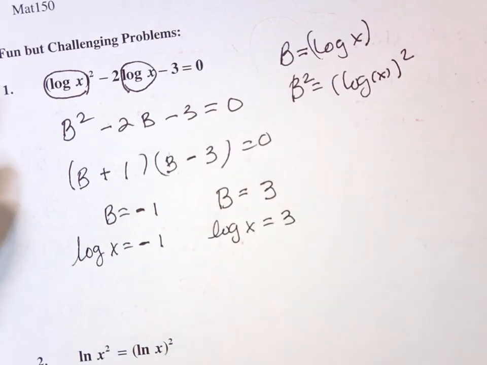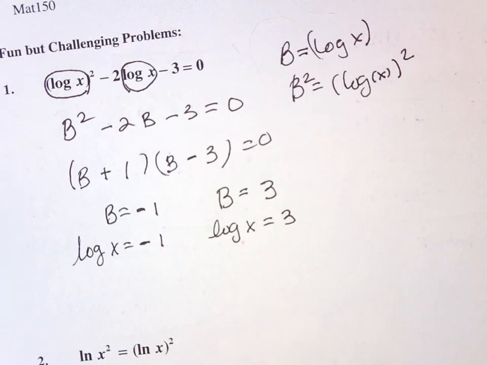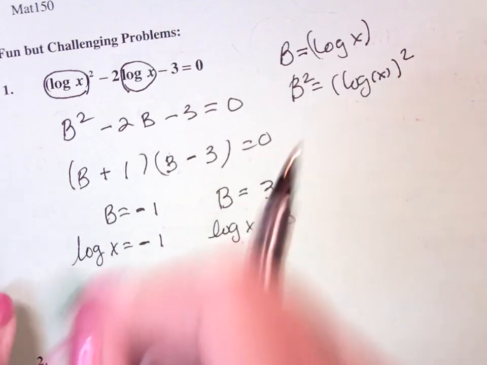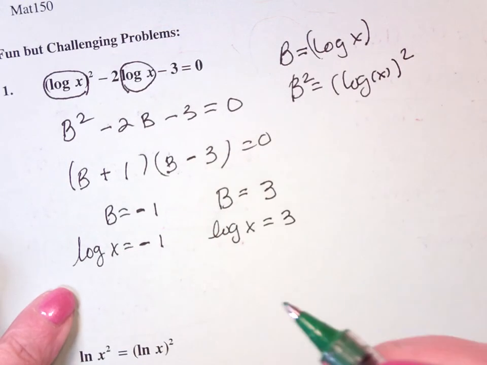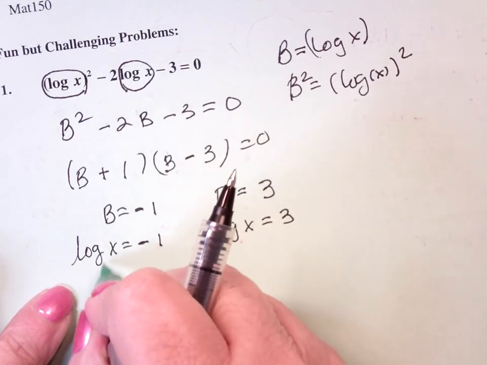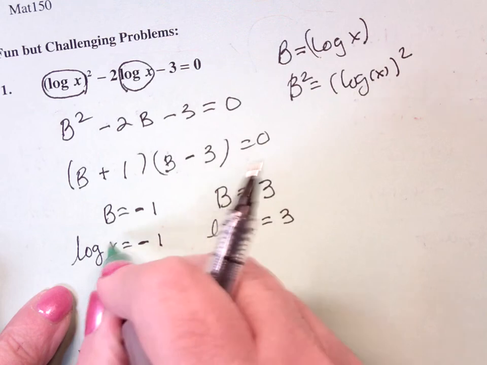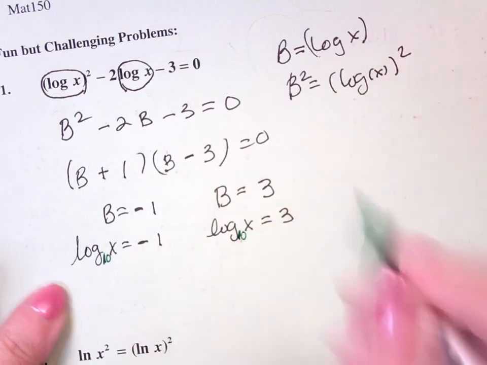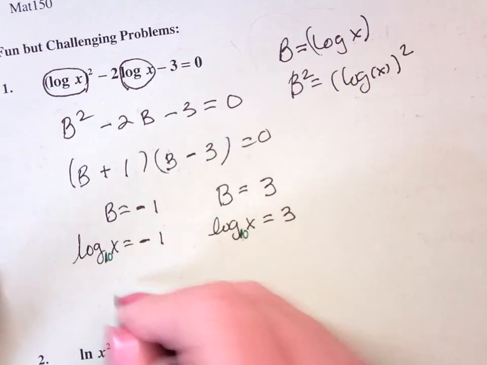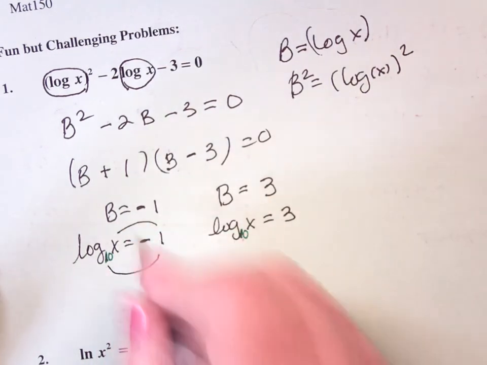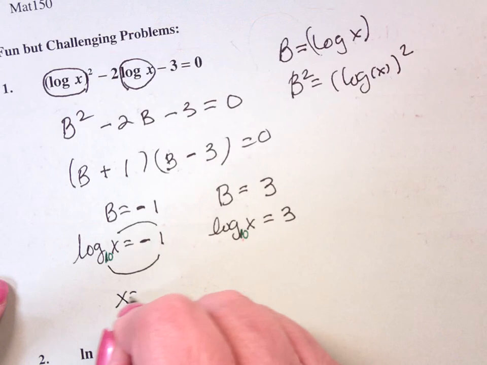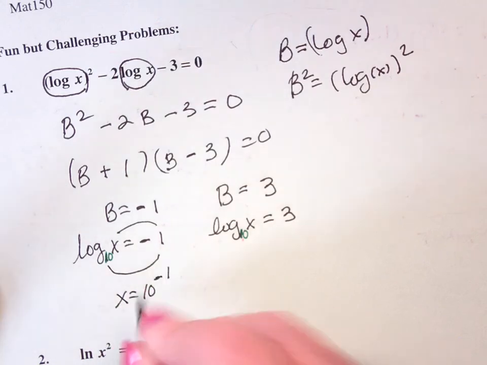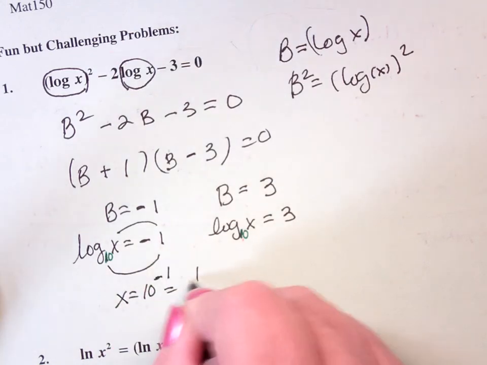Now you have some logarithmic equations. What base is this logarithm? 10. This is the one that's on your calculator. So now I just rewrite 10 to the negative 1 is equal to x. So x is 10 to the negative 1, which is 1/10.